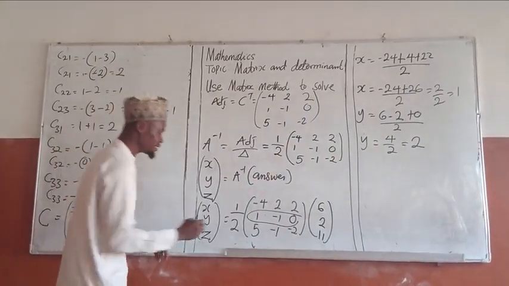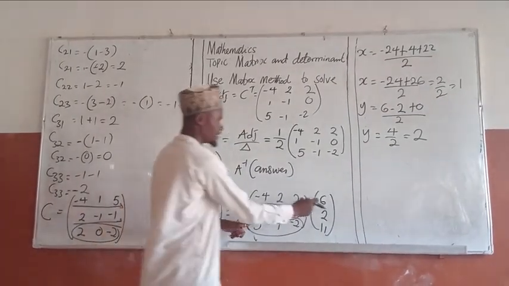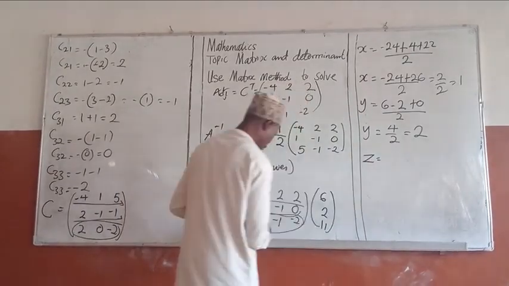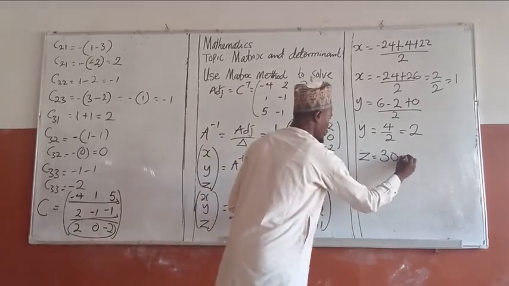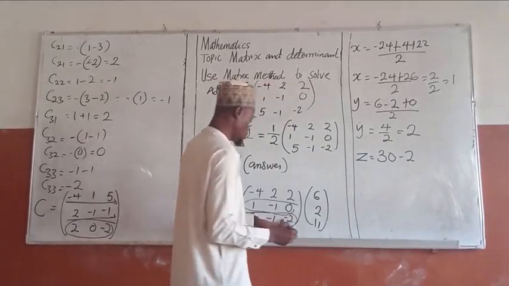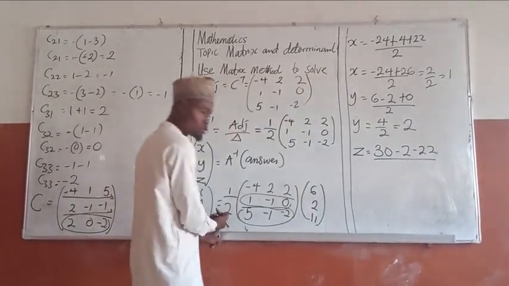And how can we find Z? We are going to multiply this by the answer again. 5 times 6 is 30. -1 times 2 is -2. -2 times 11 is -22. All over the same 2 again.